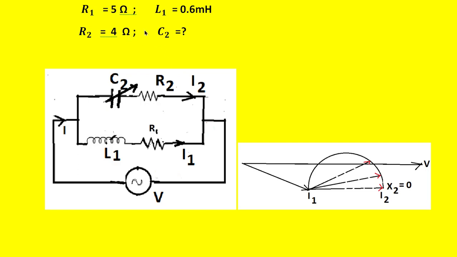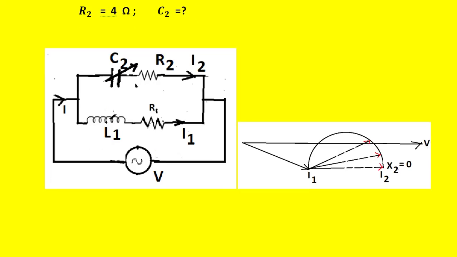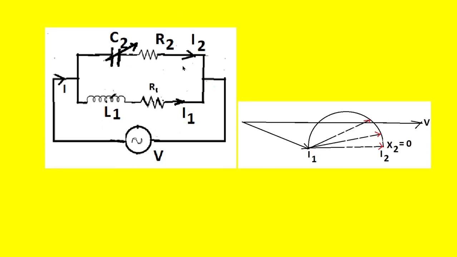And here the values R1 is given as 5 ohms and L1 is given as 0.6 millihenries, whereas R2 is given as 4 ohms, whereas the capacitor is variable. So this has to be known: for what value of capacitor the circuit is going to resonate.